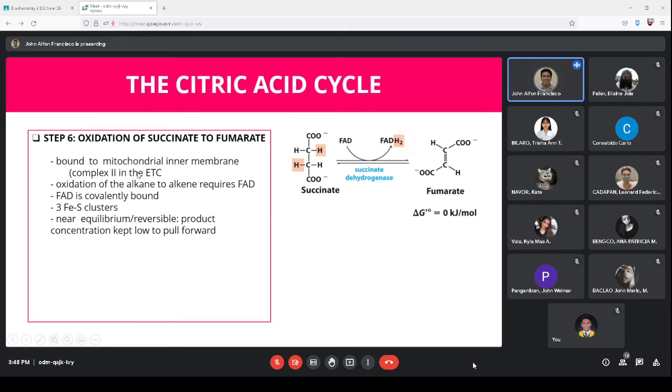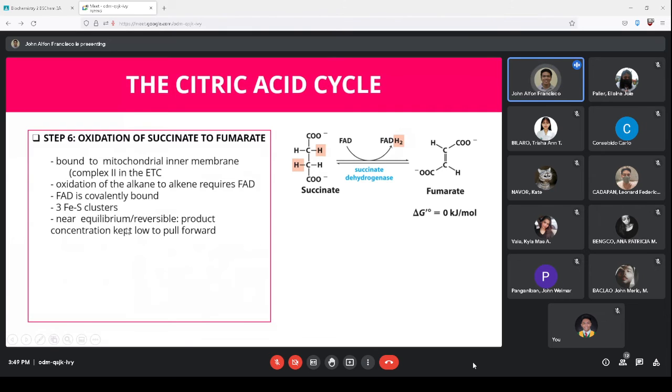This is bound to the mitochondrial inner membrane or complex 2 in the ETC. Kaya very direct, yung FADH2 will be involved sa another ATP producing system, specifically yung ating ETC. Okay? Oxidation of the alkane to alkene requires FAD. FAD is covalently bound and gumagamit ka ng tatlong iron sulfur clusters.